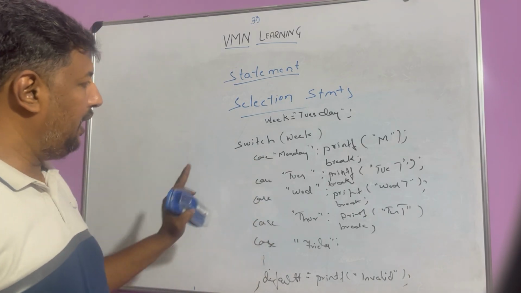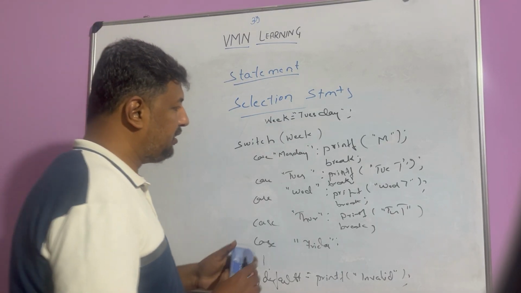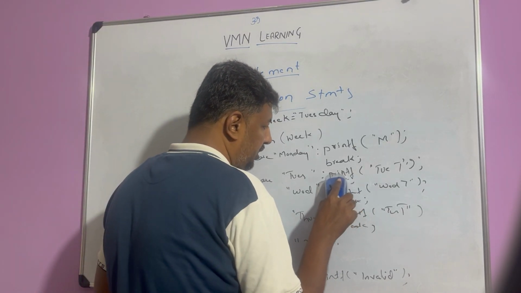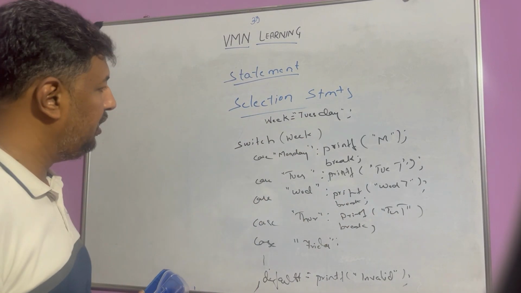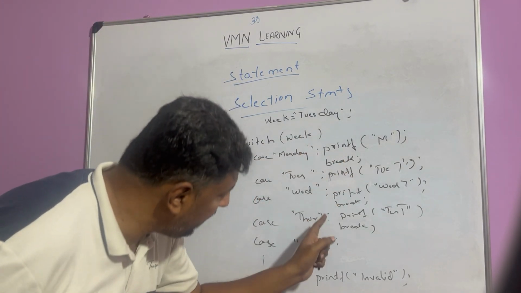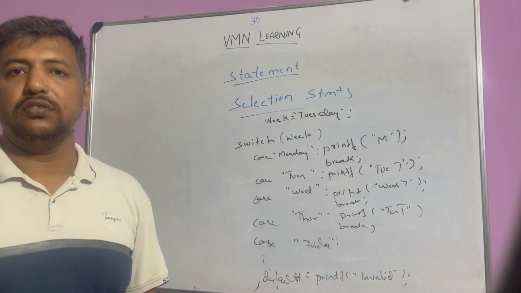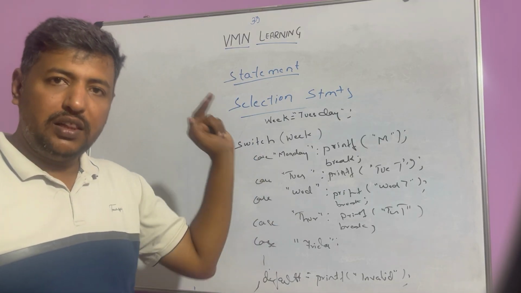Now, why is this break there? Let's say break was not there, what would happen for Tuesday? It will print Tuesday, then it will go to Wednesday and print Wednesday also. The switch is structured that way.